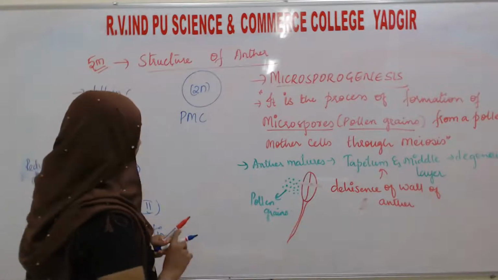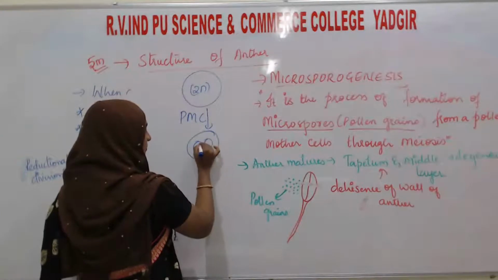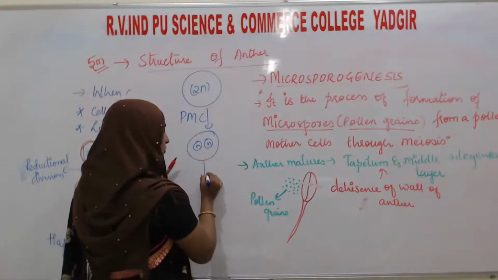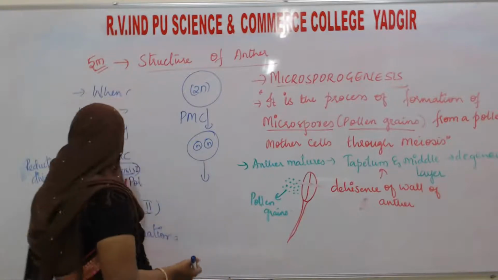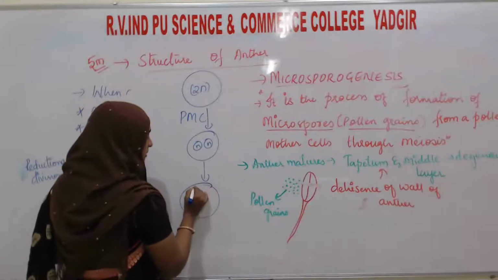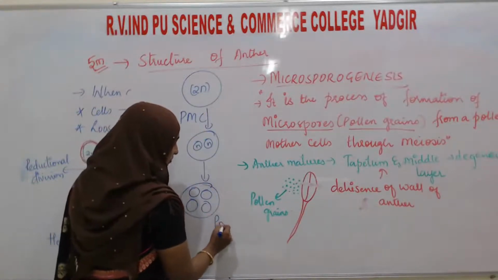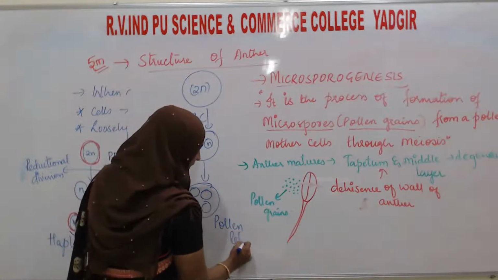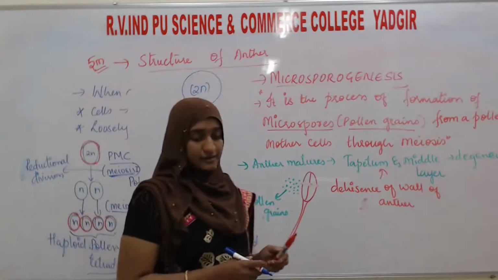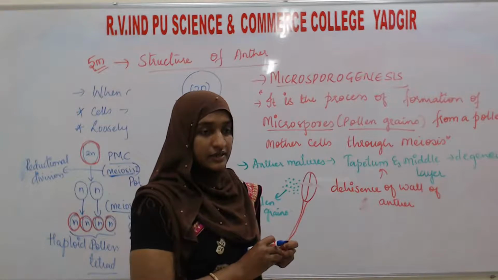This pollen mother cell first undergoes meiosis 1, which will form 2 cells. Then it will undergo the second division. Here I had written meiosis 2, then it will form 4 cells, and the structure we can call the pollen tetrad.